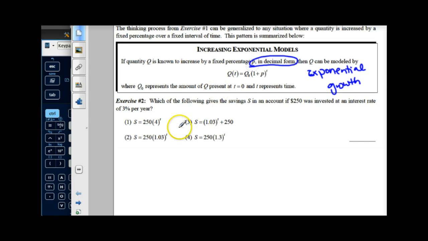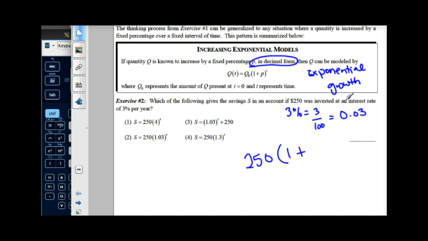Super important. So here it says, which of the following savings has an account of $250 invested at an interest rate of 3%? So my starting is $250. I know it's going to be 1 plus 3%. How do we write 3% as a decimal? 3 over 100, which is 0.03.